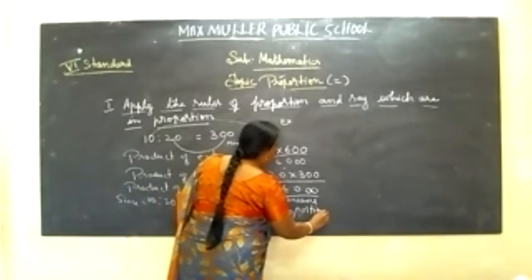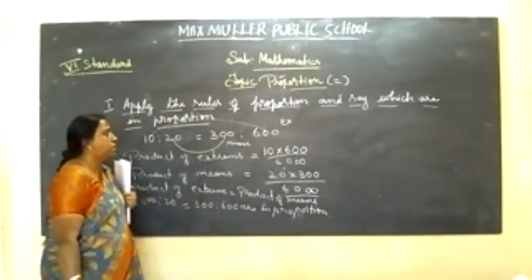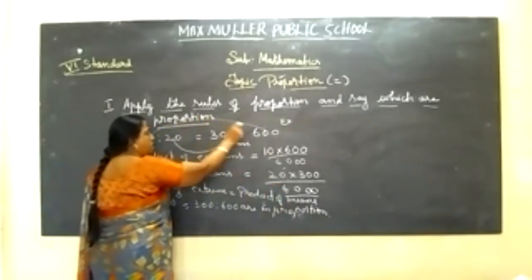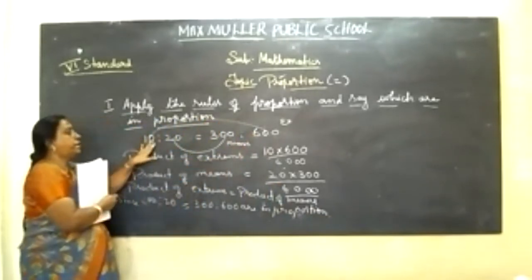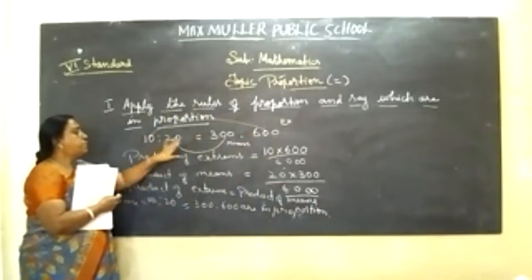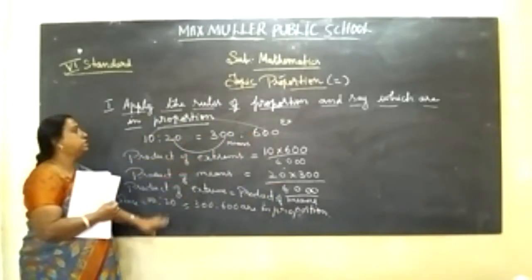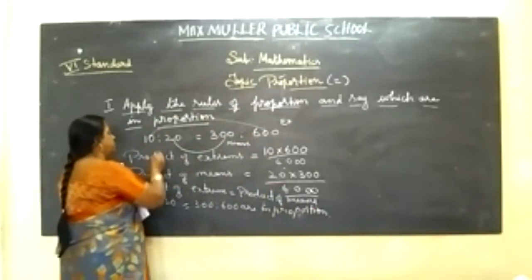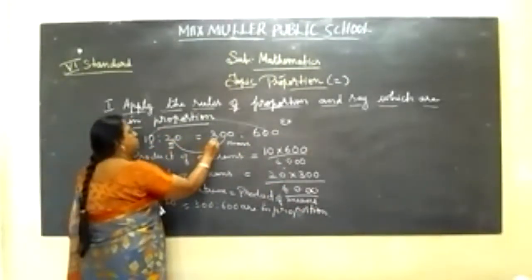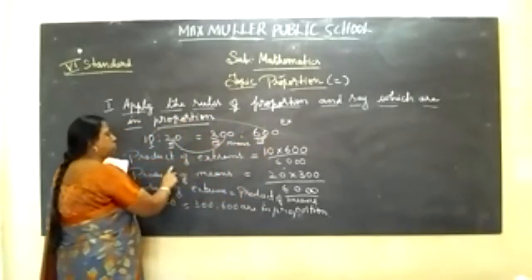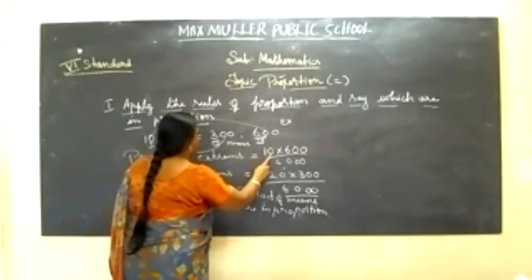Clear? How to find whether they are in proportion or not? Find the product of the first and last term, that means product of extremes, and product of means. If both are equal, they are in proportion. Here, this is the first term, second term, third term and fourth term. First and fourth terms, 10 into 600.